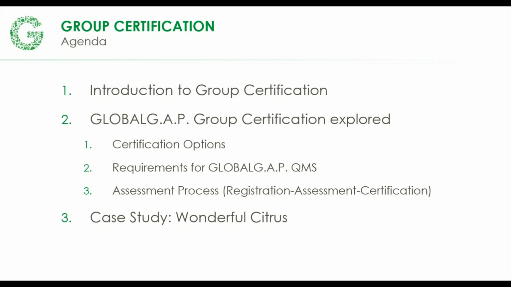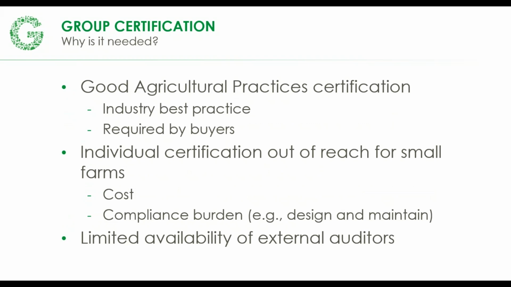We will explain the requirements for a Global Gap Quality Management System, or QMS, and we will also explain the assessment process, which includes registration, assessment, and certification. And then ultimately, we will review a case study presented by Amanda May for Wonderful Citrus. She will be able to share a little bit more about what she does for Wonderful Citrus and how that ties into a Global Gap group certification for their operations.